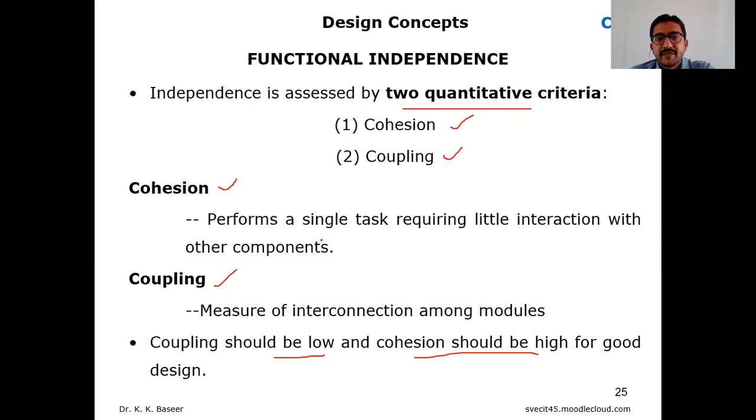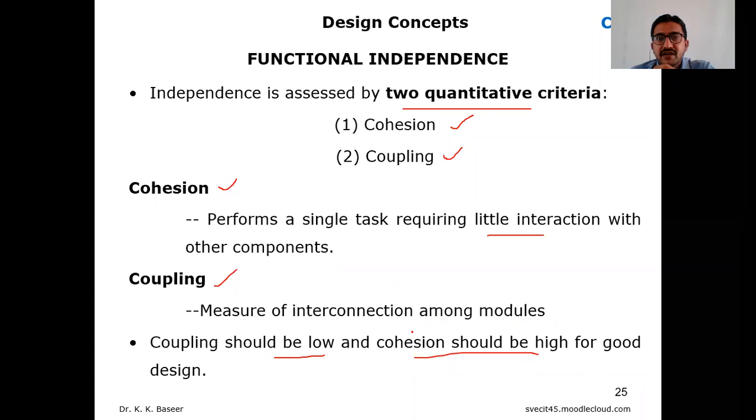What is cohesion? A single task requirement, that requires little interaction, only less interaction with other components. Other components means other modules. So what does coupling say? A measure of interconnection among modules. More interconnection is there, that is in coupling. So that's why, as stated, coupling should be low and cohesion should be high.